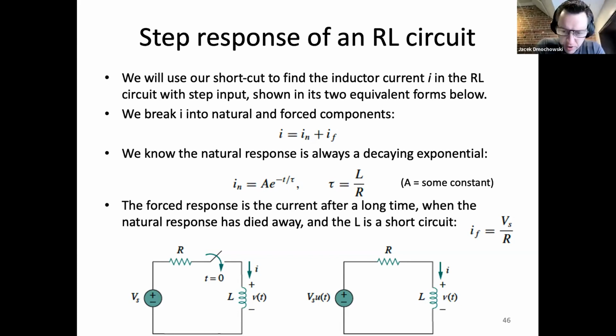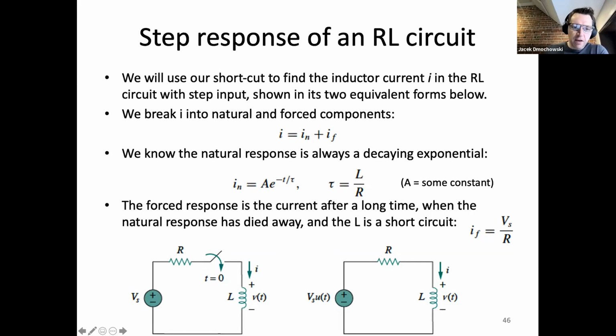So even when there's an abrupt change in the circuit, such as this switch going from the off position to the on position, that current cannot change abruptly. We know that the initial value is going to be 0 because before time 0, this inductor was not connected to anything. So it's just a dead circuit before time 0. And because of continuity, its value precisely at time 0 is also going to be 0.